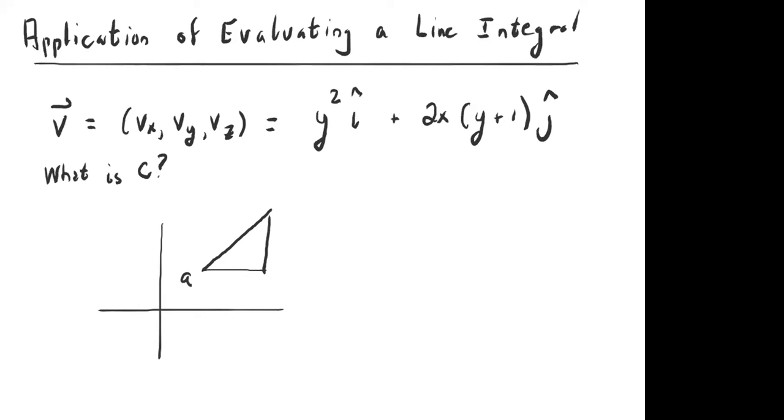So here's a point A, and here's a point B. So there will be a path, which I'll call path 1, and path 2. So it has two parts. And this point I'm going to call 1 on the x-axis. This point I'm going to call 2.